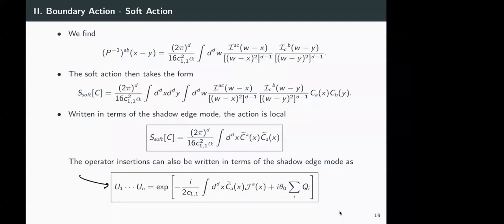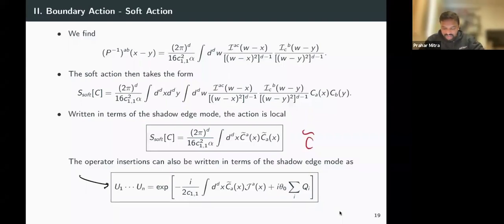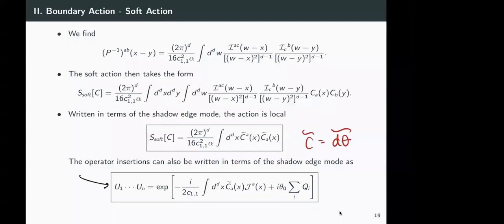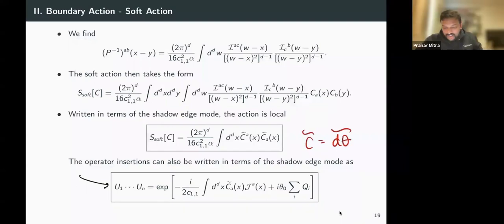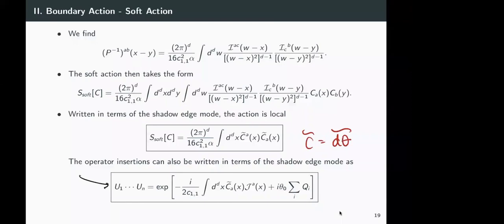But one thing is that this action has no dynamics. No, it does have dynamics because C tilde is d theta. Yeah, I keep not writing that. Okay. Well, C tilde is the shadow of d theta. Right. It does have dynamics. And in the last term in the integral, it's just C tilde and not C tilde times J tilde.